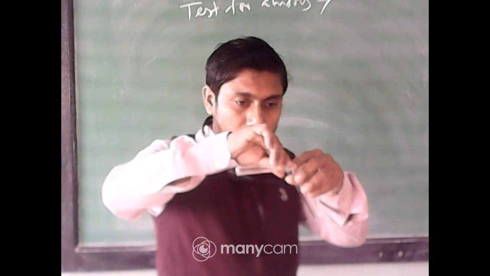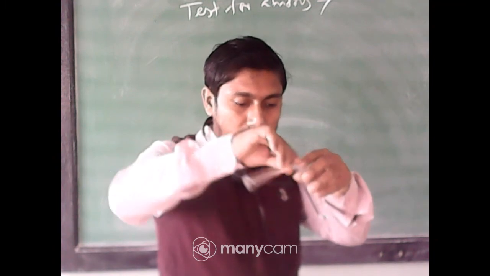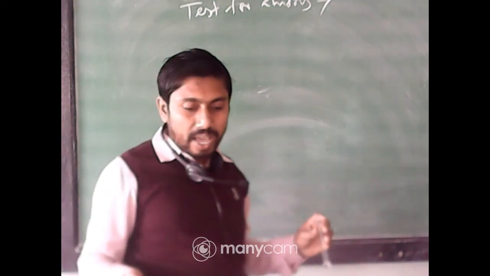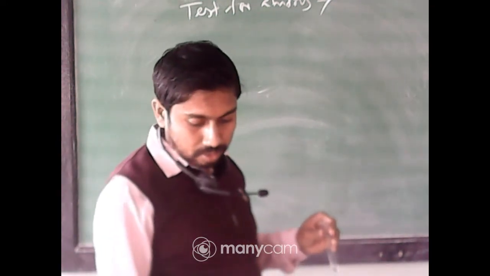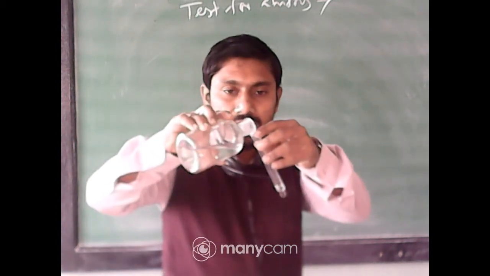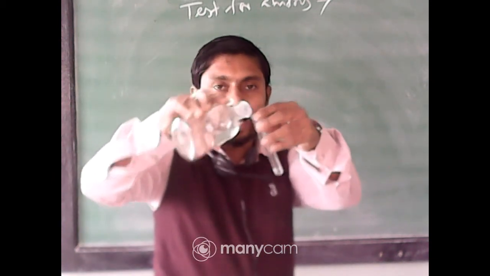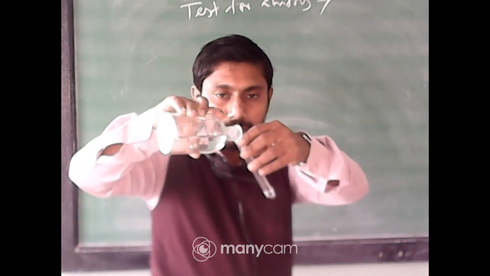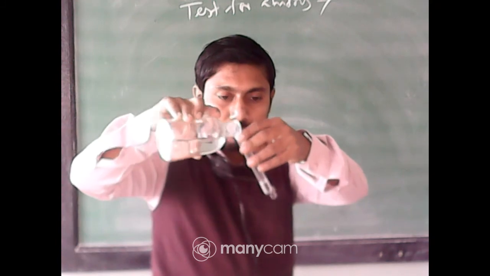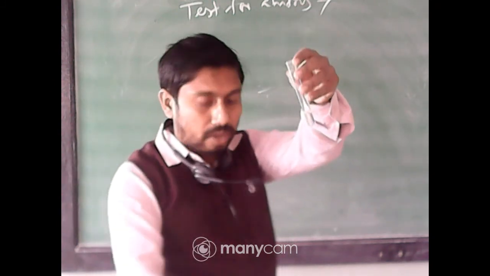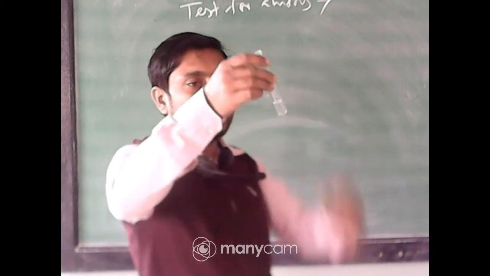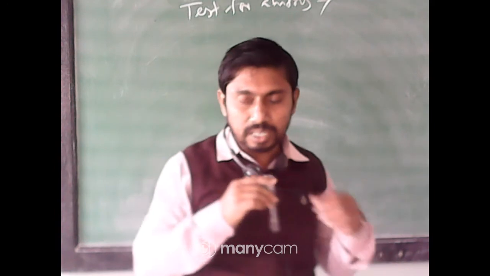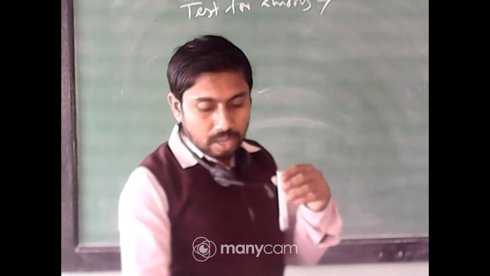Now again take it. Here, to test the sulfites or sulfides etc., we will add some dilute acid. Now just check whether any effervescence occurs or not. No effervescence, and no smell of gas, no pungent smelling gas is evolving from there.